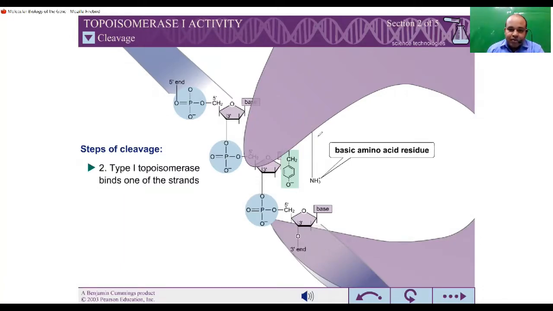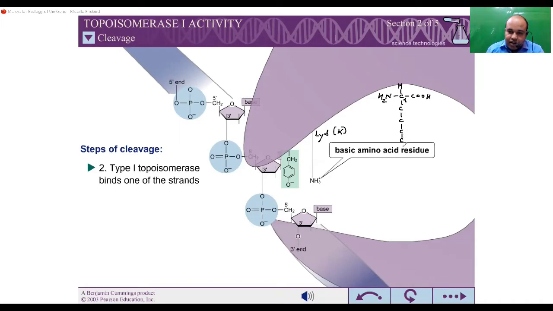But this basic amino acid residue is lysine. You would have known about this particular amino acid residue that is referred to as lysine. Lysine has a structure with an epsilon amino group. So you can look at its structure. Within its structure, what you can find is that there is an epsilon amino group. A side chain is present: alpha, beta, gamma, delta, and an epsilon.